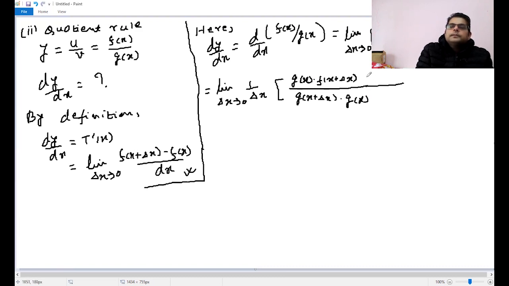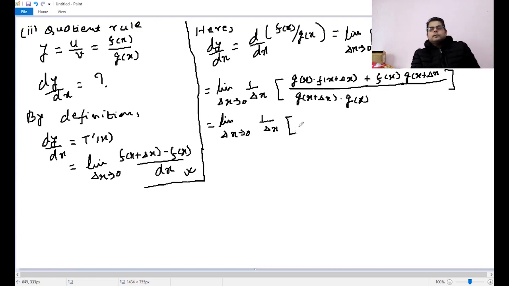And then minus f(x) times g(x plus delta x) algebraically, right? And then it is limit delta x tends to 0, see 1 by delta x, and then inside the bracket, let's see here, we'll do the same sort of strategy that we did while proving the product rule.